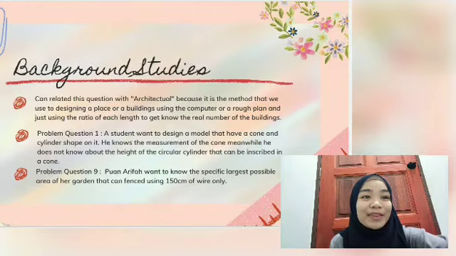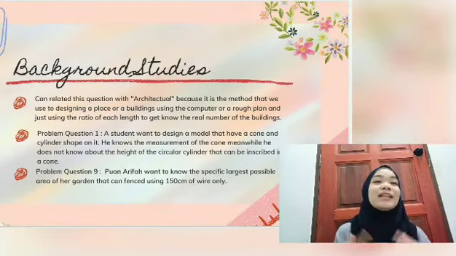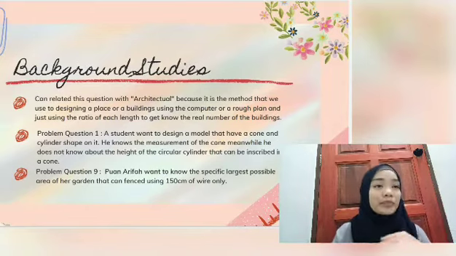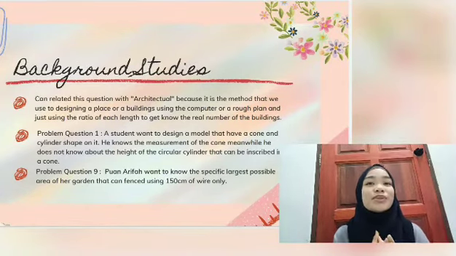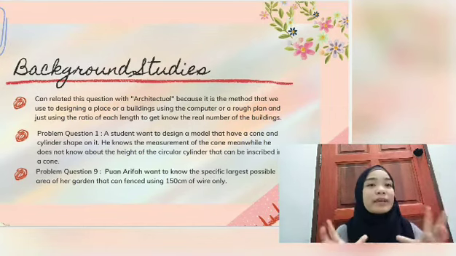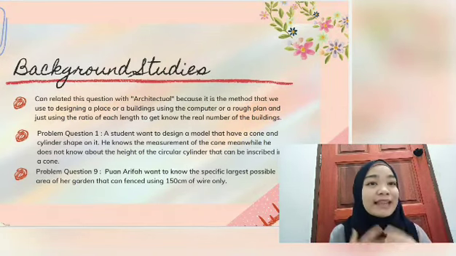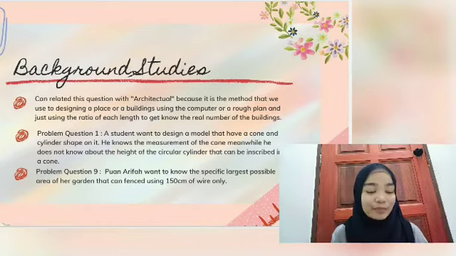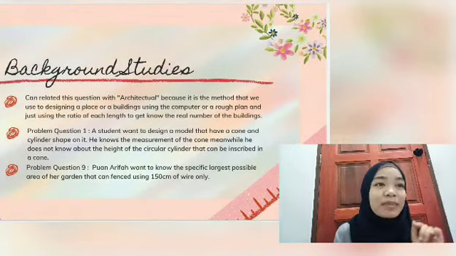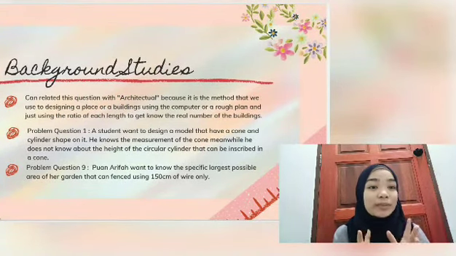For question number 9, the problem is that Puan Arifah wants to know the largest possible area of her garden that she can fence. She only has 150 centimeters of wire available to fence her garden.